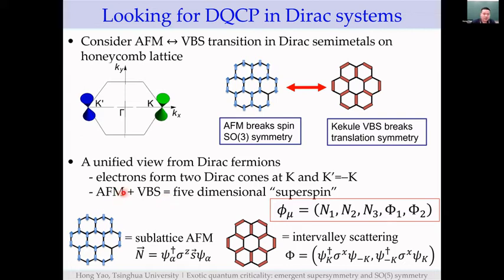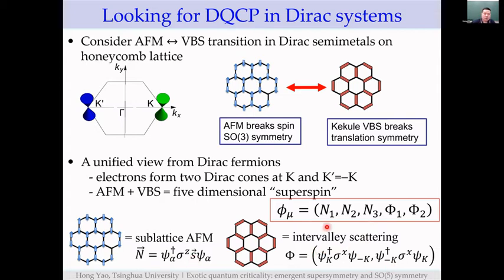As I mentioned earlier, the antiferromagnetic order has a 3-component order parameter, and the Kekulé VBS order can be characterized by a 2-component order parameter, phi 1 and phi 2. From the fermion description, the Néel order parameter can be characterized by this, and the Kekulé order parameter by this.